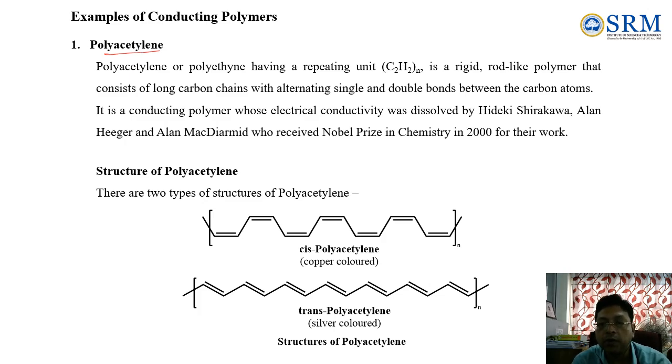Polyacetylene, we all know, can be synthesized starting from acetylene gas via addition polymerization with the help of Ziegler-Natta catalyst. So this is basically a rigid rod-like polymer and consists of long carbon chains with alternating single and double bonds between the carbon atoms, and that attributes to the electrical conductivity.